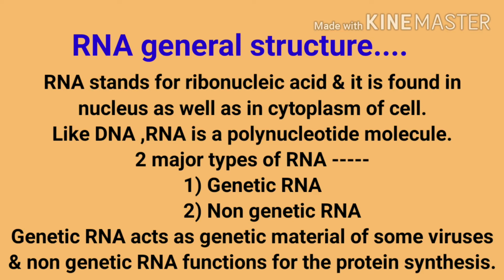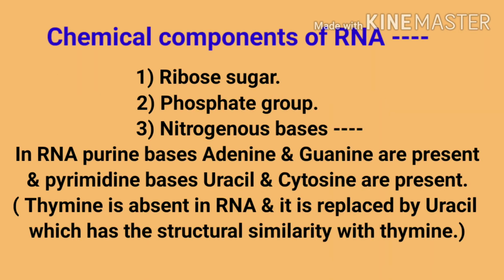First is genetic RNA and second is non-genetic RNA. As the name suggests, genetic RNA serves as a genetic material of some viruses, and non-genetic RNA helps in protein synthesis.